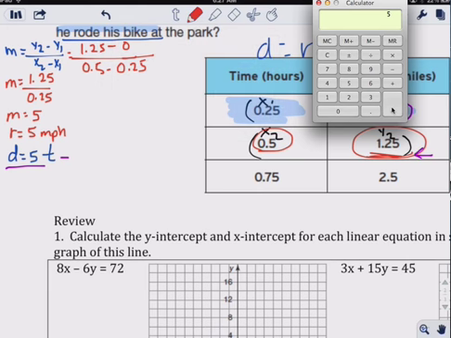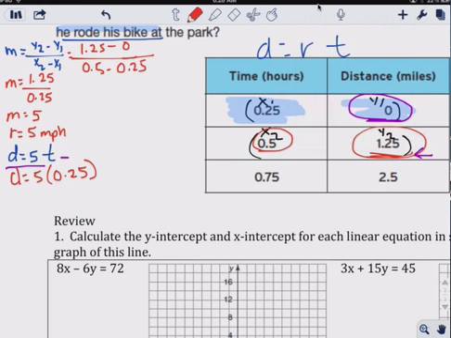So his distance to the park then is d equals 5 times 0.25, and that should get you, just to make sure, 1.25, but if you need to do that on your calculator, you can, and get a distance of 1.25 miles.